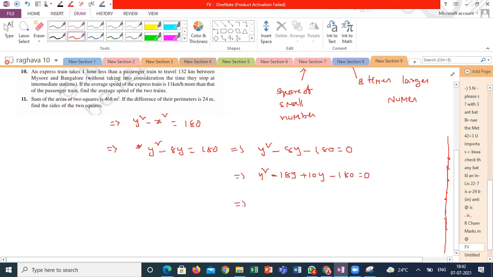Taking y common, y minus 18; taking 10 common, y minus 18 is equal to 0. So y minus 18 into y plus 10 is equal to 0. So y is equal to plus 18 or minus 10. Which is the possible answer, guys?